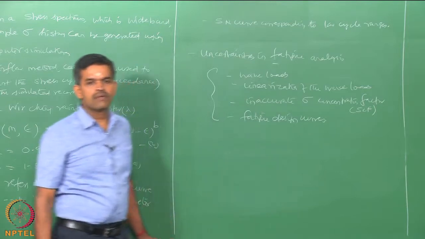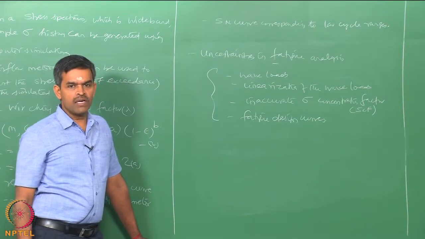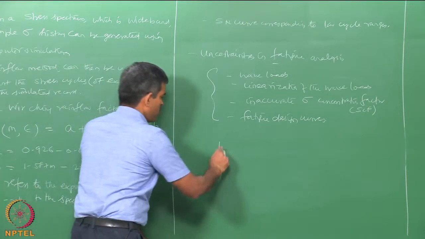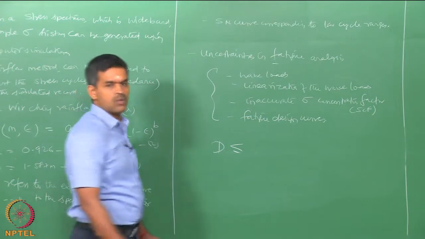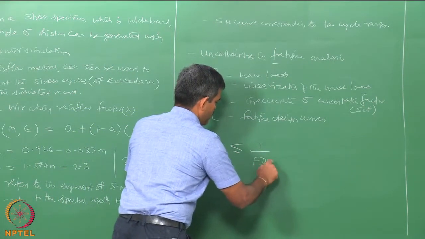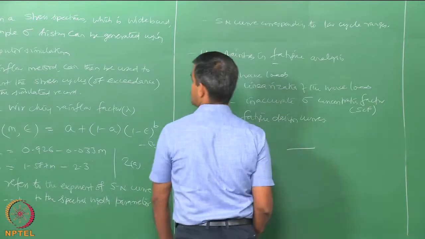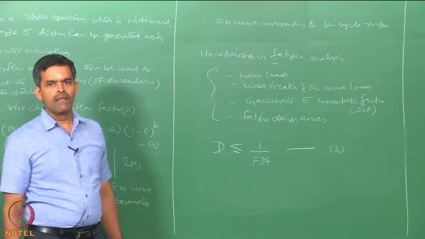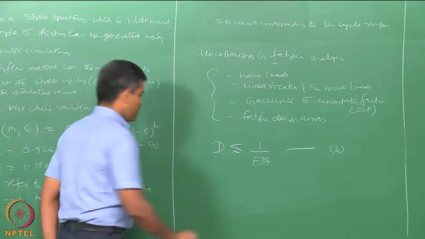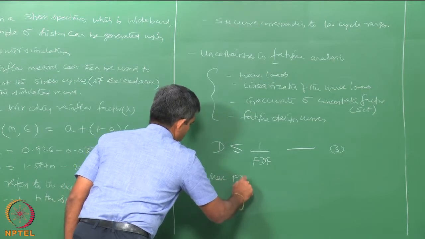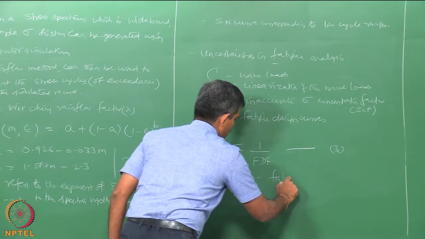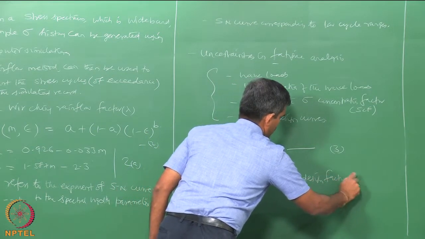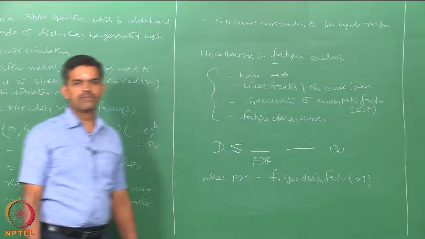Therefore, to check whether the system is safe under the fatigue damage estimate, one can use the relationship D should be less than or equal to 1 by FDF, where FDF is called the fatigue design factor, usually greater than 1.